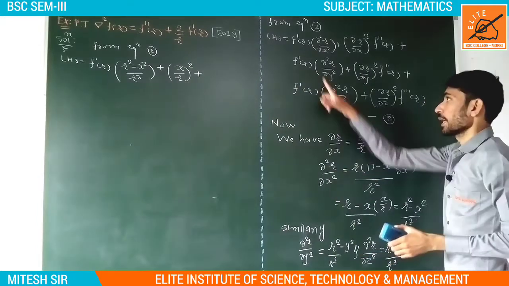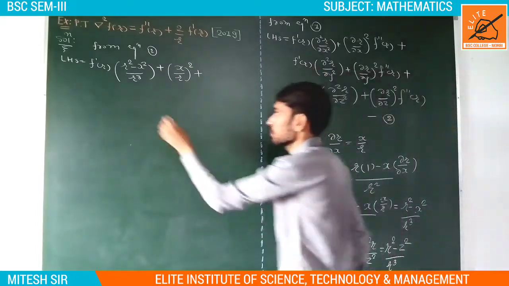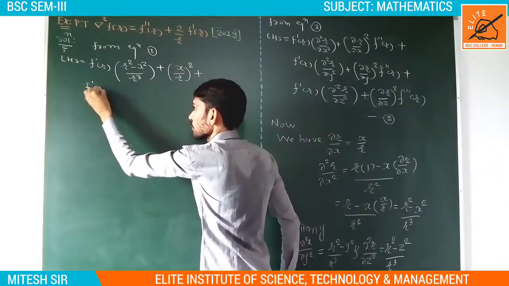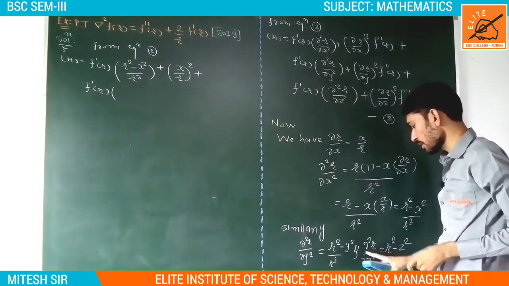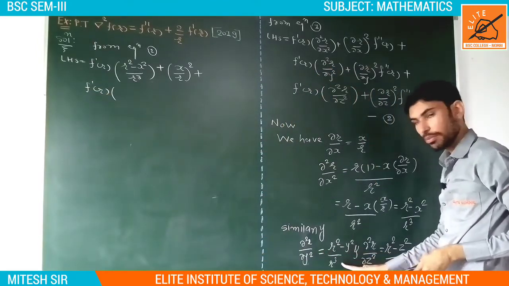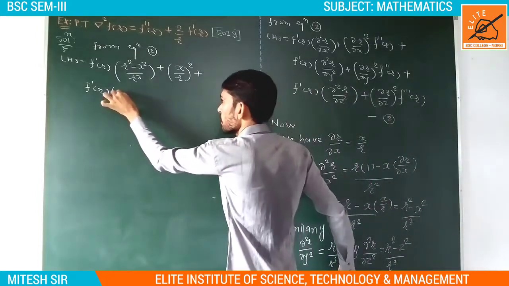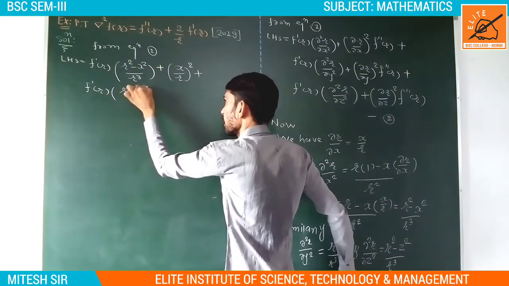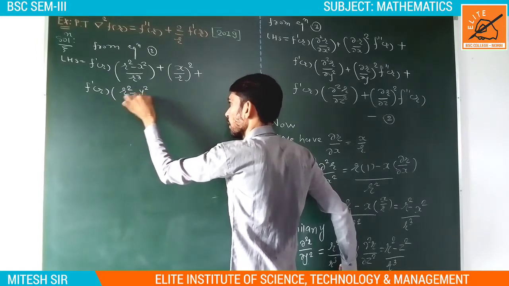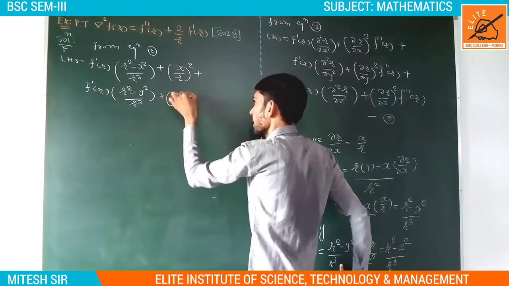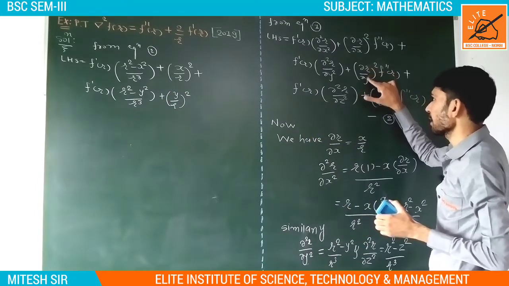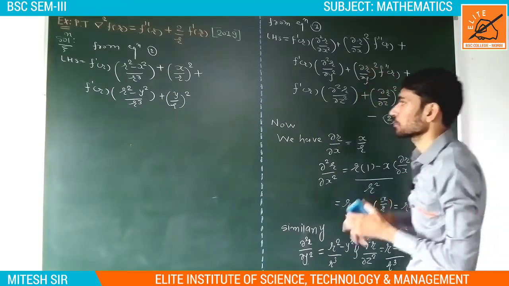plus f dash r as it is into value of del square r upon del y square is this r square minus y square upon r cube. So here write as the r square minus y square upon r cube plus y by r square. As we know, value of del r by del y is y by r.